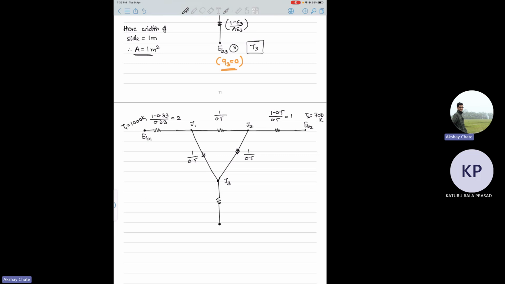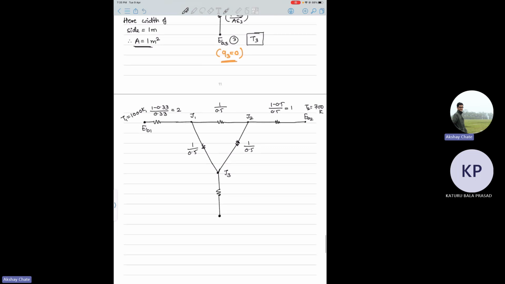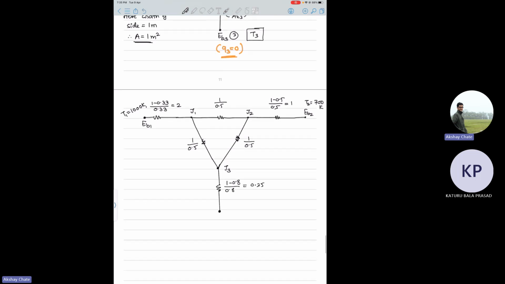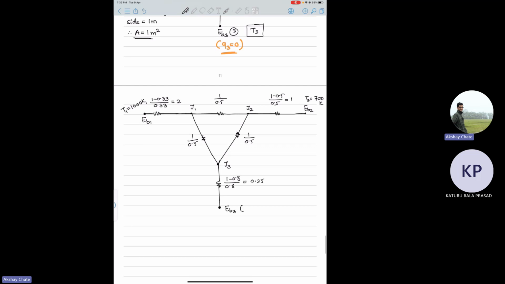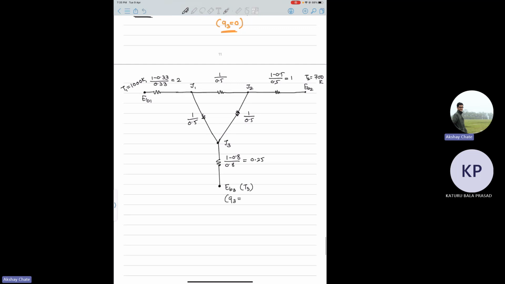Because all shape factors are 0.5 there. And the emissivity of the third surface is 0.8. So 1 minus 0.8 divided by 0.8. So that is 0.2 by 0.8, that is 1 by 4, 0.25. Okay. And then you'll have whatever temperature this body is at, consider it at that temperature. But the thing is Q3 is 0. So there is no heat transfer through this body. So what will happen? You can neglect this surface for the calculation purpose.